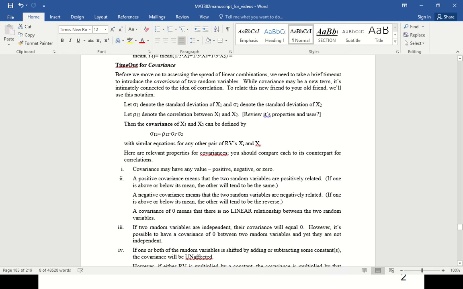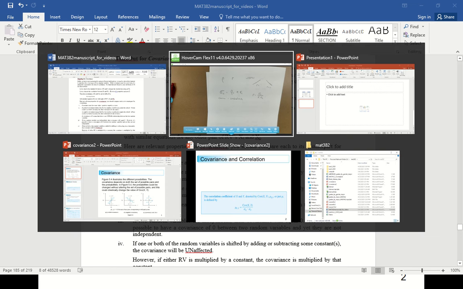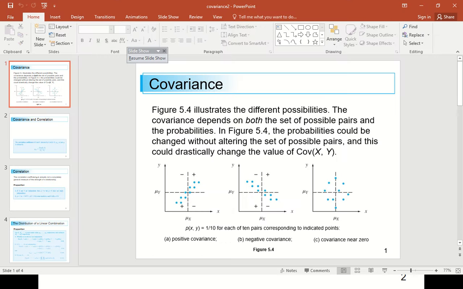So now the thing about the covariance is that it could have any value whatsoever, negative, positive, or 0. Whereas r goes between negative 1 and 1, covariance could be, because you have different scales, 3 million, negative 250,000, or 0.3. And a positive covariance means that the two variables are positively related. So let me show you a possibility of how you could take a look at this.